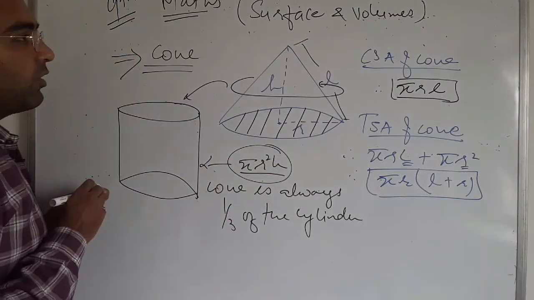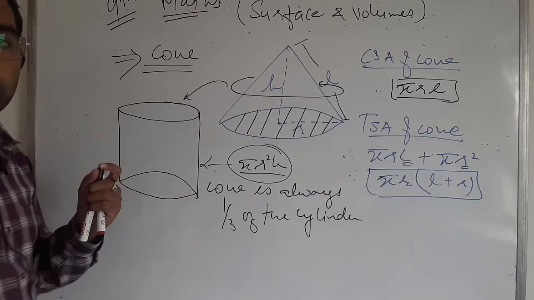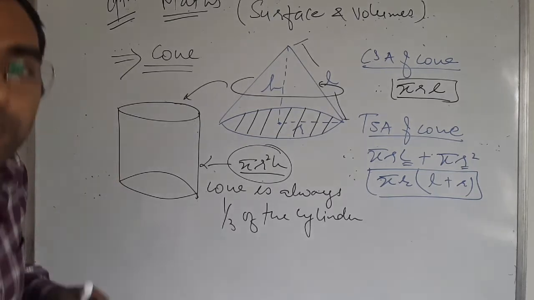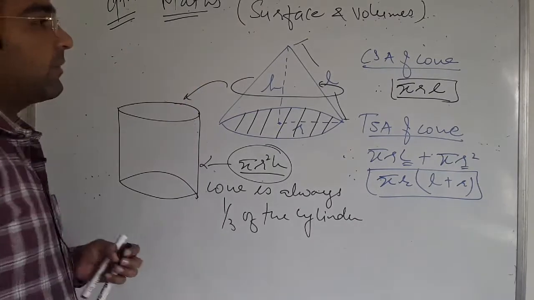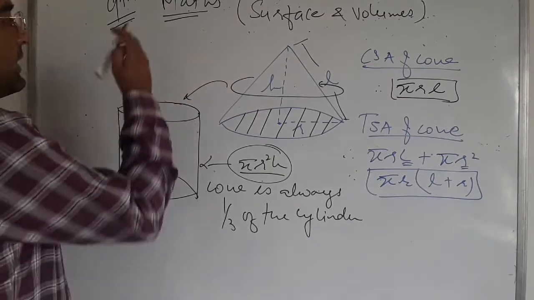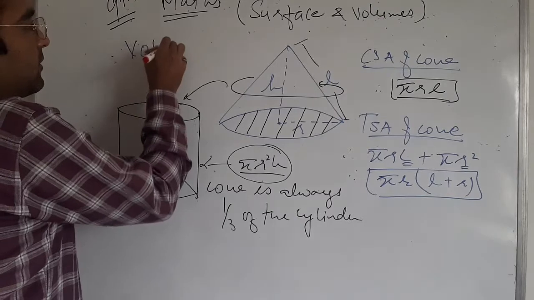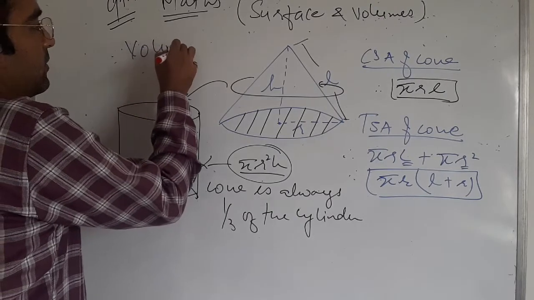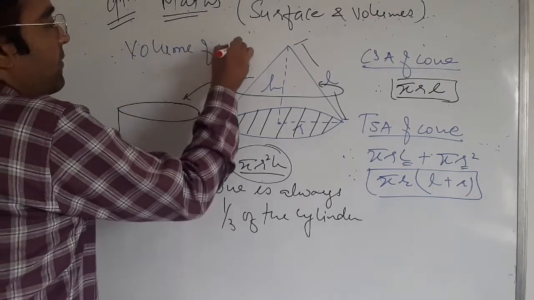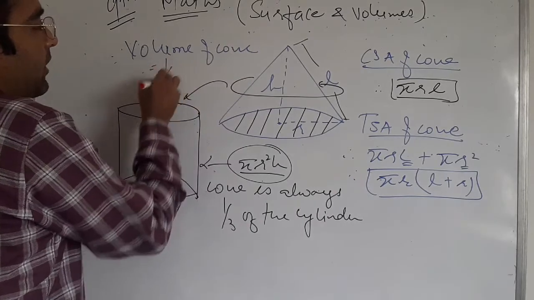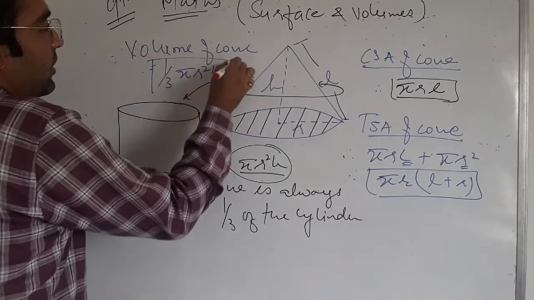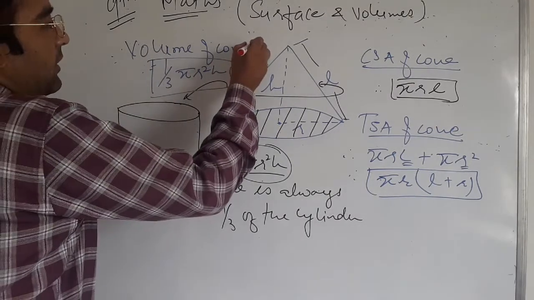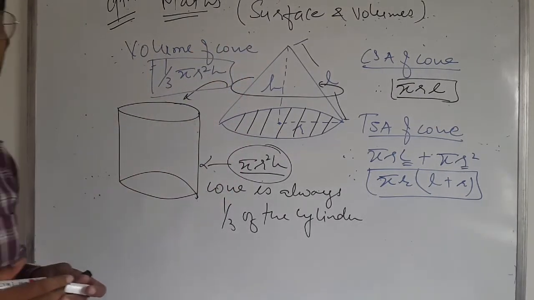So volume of cone, I'll write it here, is 1/3 pi r square h.